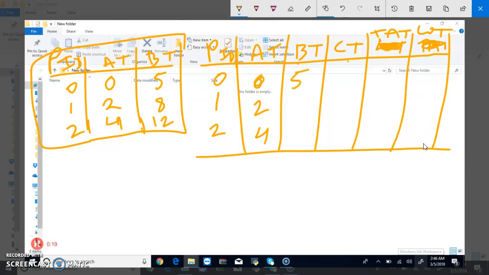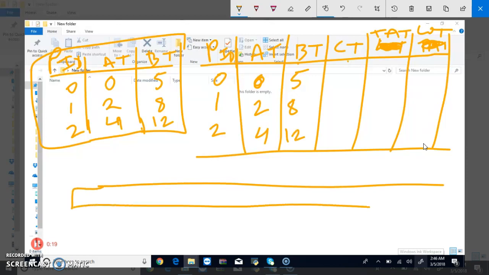Burst time, or CPU time, means how many milliseconds you are taking the CPU. First draw a Gantt chart. Process 0 came at 0 and executes for 5 milliseconds, so until 5 process P0 is using the CPU. At 5, two processes have come, process 1 and process 2, but according to this algorithm the first priority goes to process 1.